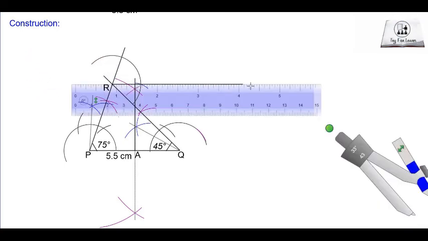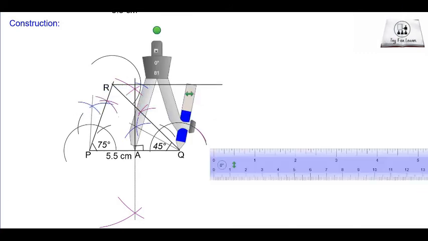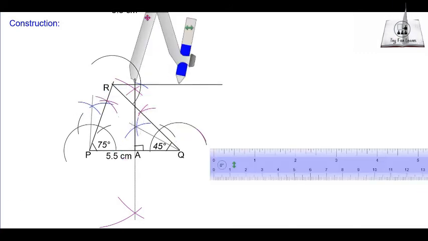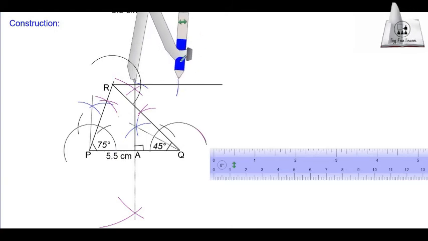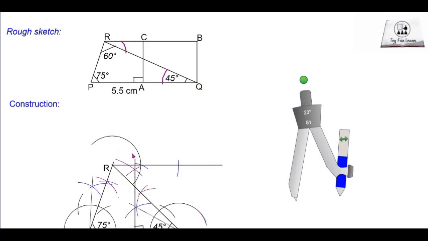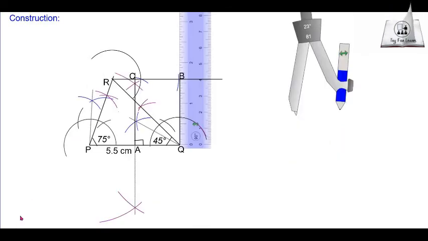If you join this intersecting point with R, then you will get a straight line which is parallel with PQ. We have to measure AQ in the compass, and then we have to cut the same arc from its opposite side, because opposite sides of a rectangle are equal. You may see in the rough sketch, AQ and CB are the opposite sides of the rectangle. Now let's join Q and B. Then we will get the required rectangle.